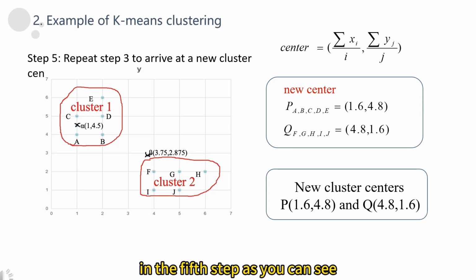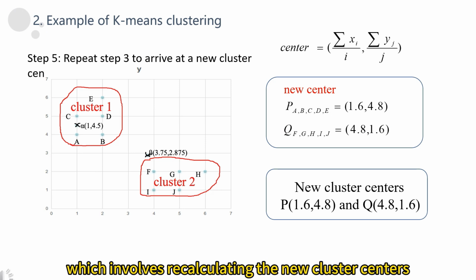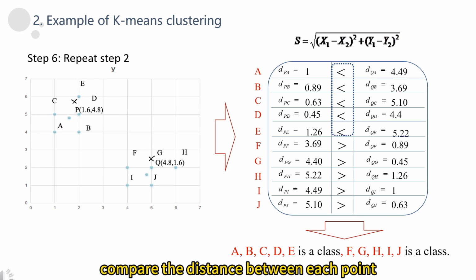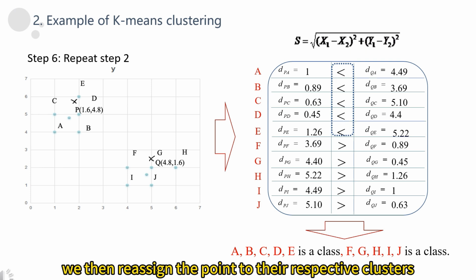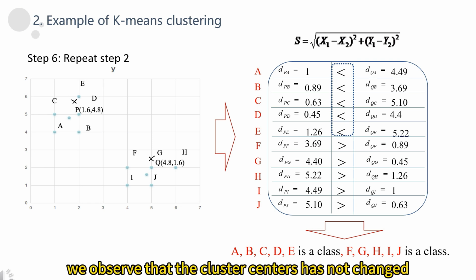In the fifth step, as you can see, we repeat the process from the third step, which involves recalculating the new cluster centers. Next, we once again calculate and compare the distance between each point and the new cluster centers. We then reassign the points to their respective clusters. In this step, we observe that the cluster centers have not changed.